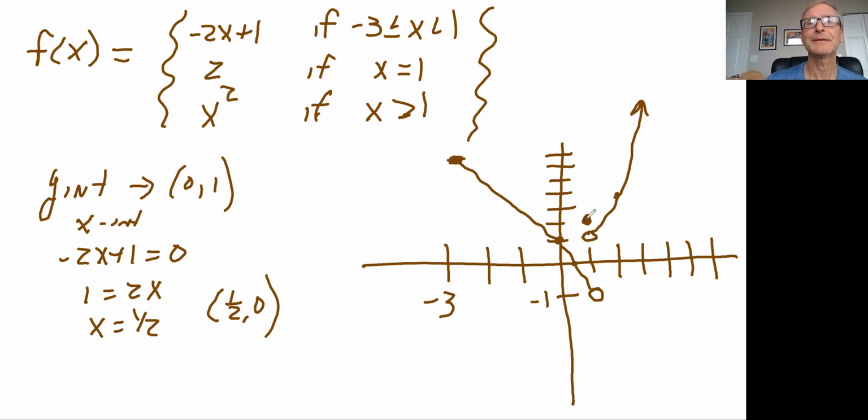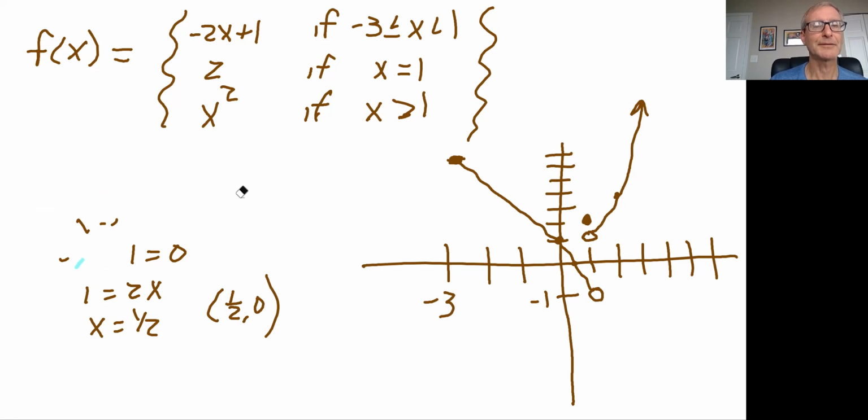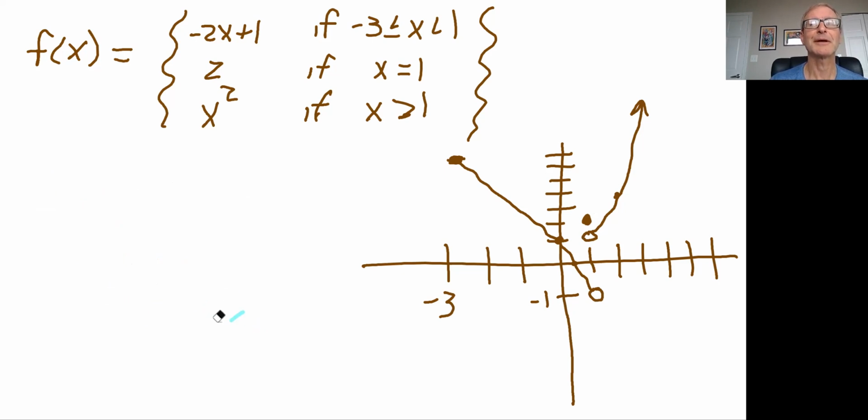The last thing that we'll talk about is the range. And again, the best way to calculate the range of any equation is to graph it. And you can see now we have a graph. So let's see what the range is. So what is the range?